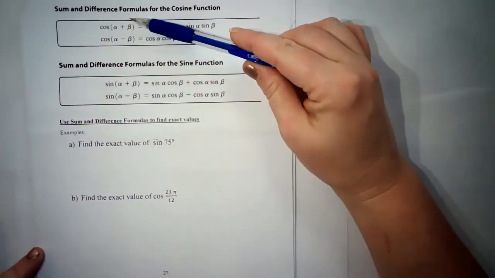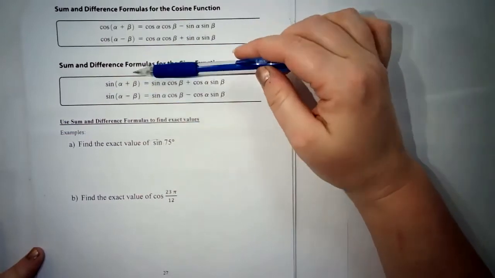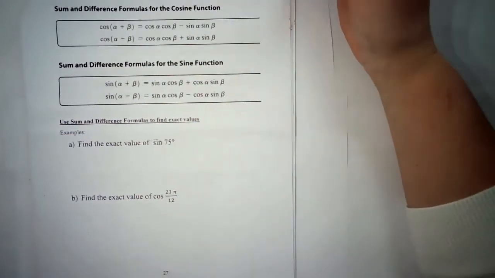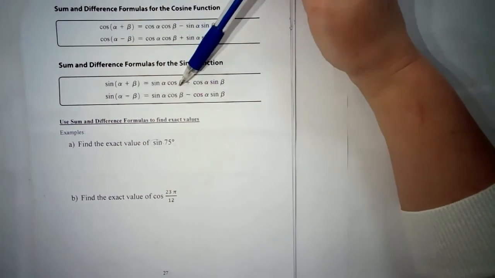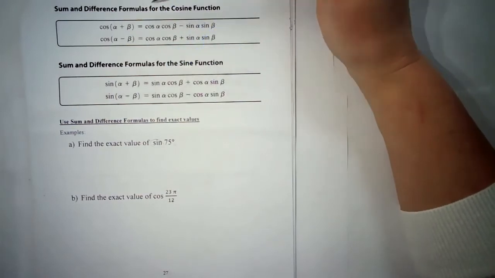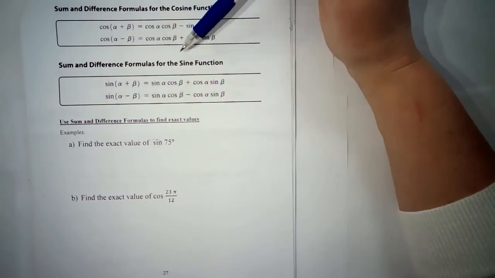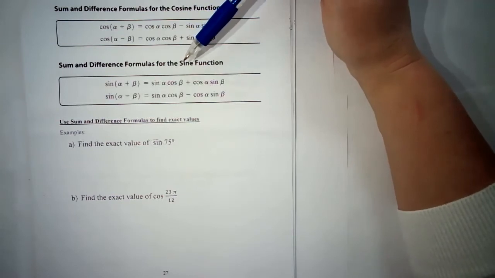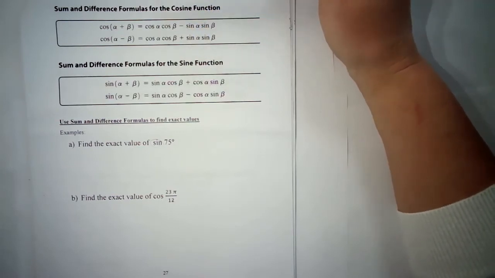So we have 2 available for cosine, and we have 2 available for sine. All right, you are going to need these for test 2. You're not going to need all 4, but I will tell you which one or ones you need so that you can write them on your index card, right? So you don't have to memorize these.